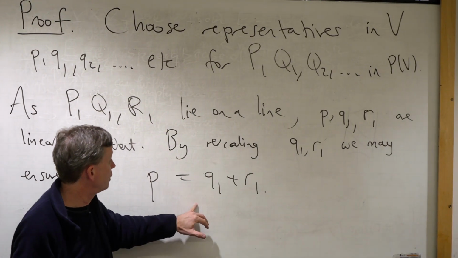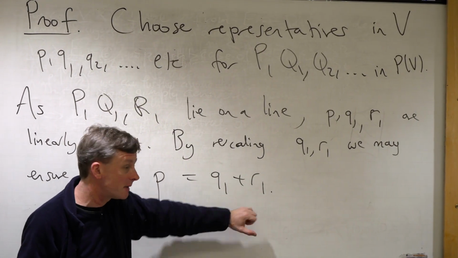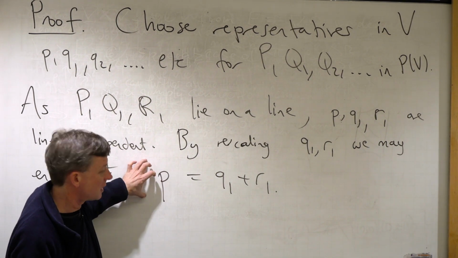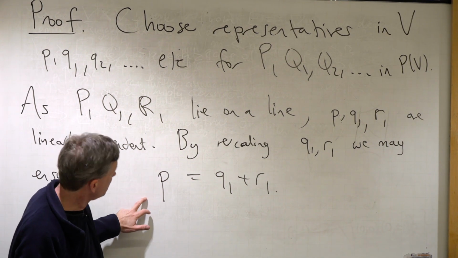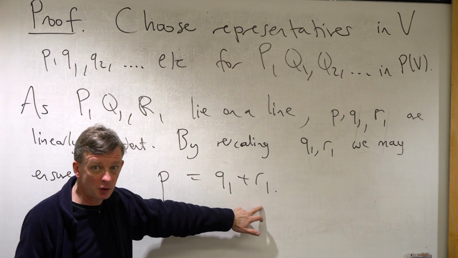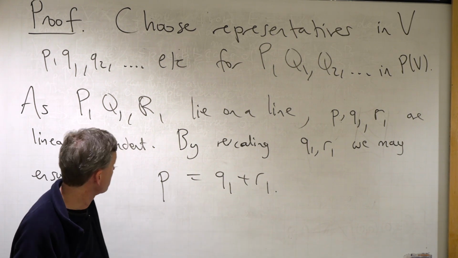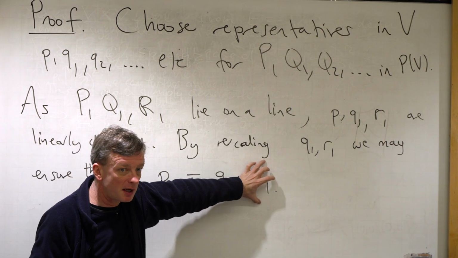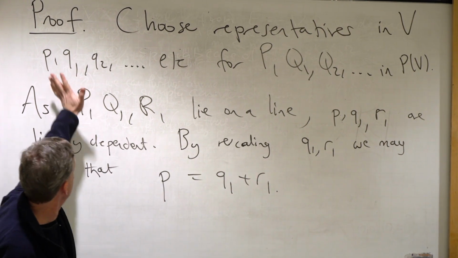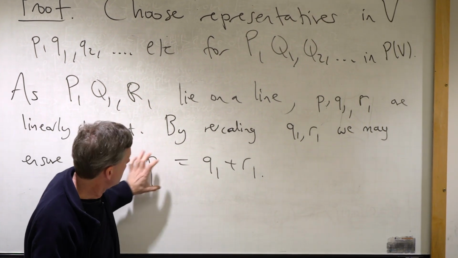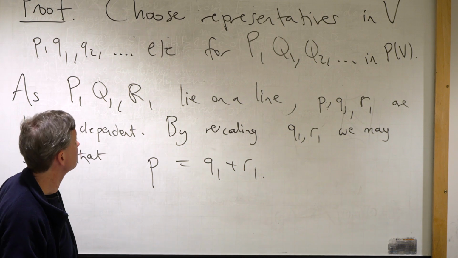We can divide by lambda and put p on the left-hand side. We get p is something times q1 plus something else times r1, where the somethings are non-zero numbers in your field. You then replace the q and the r by those multiples of them, because we're free to rescale them, and then we can get that equation.